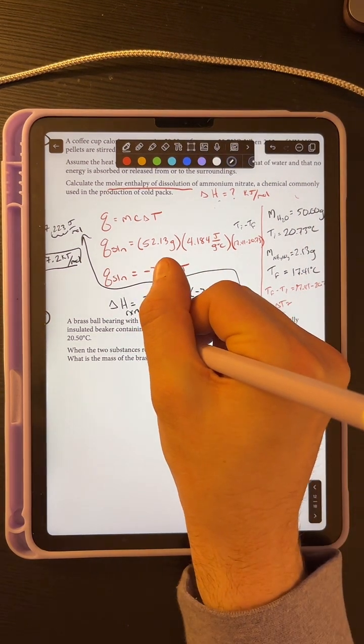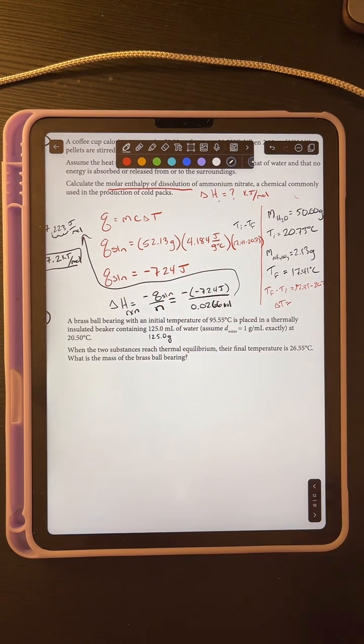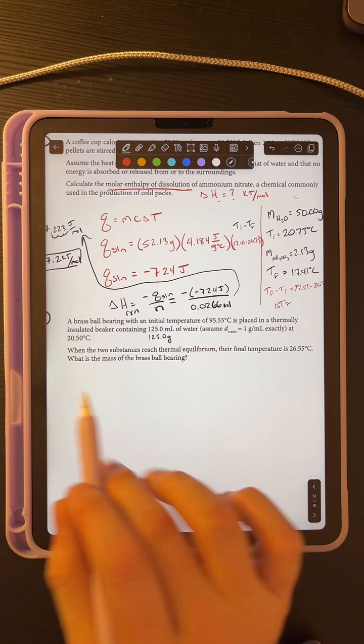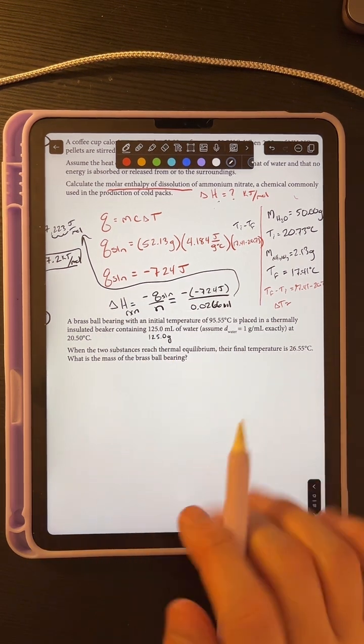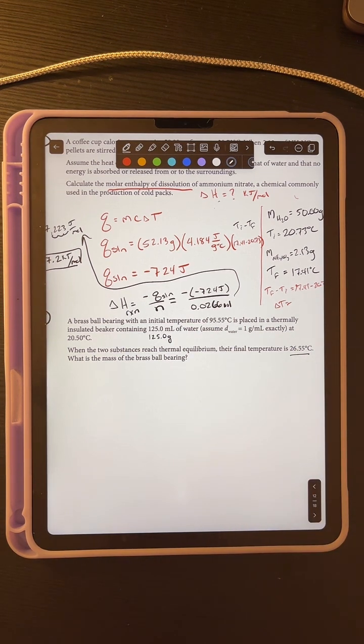So we can actually assume that this is 125.0 grams of our water. That might come in handy later. And we're at an initial temperature of 20.50 degrees Celsius. When the two substances reach thermal equilibrium, their final temperature is 26.55. What is the mass of the brass ball bearing?